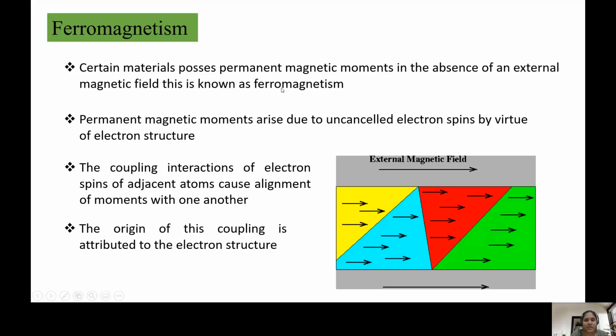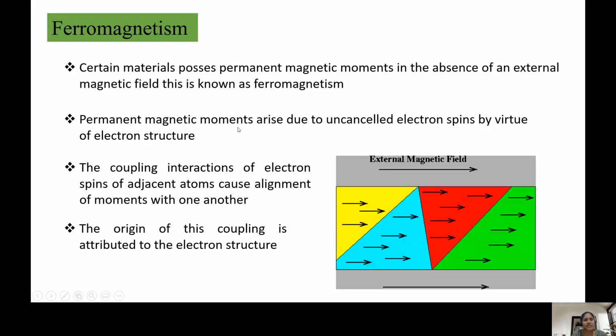In the absence of magnetic fields also, some magnetic moments will be present in the material in the area of the domains. Here these are all represented with yellow, blue, red, and green. These partitions are said to be the domains having a particular random orientation of the moments, but net magnetic moment will exist in the ferromagnetic materials in the absence of the external field also.